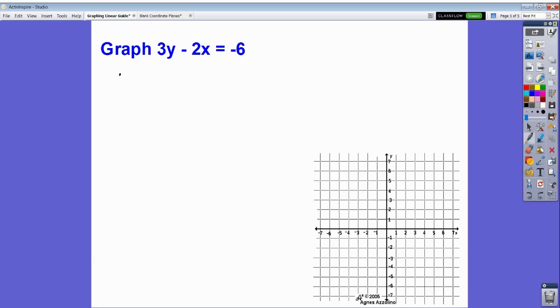So again, we're going to find the x-intercept. Remember, y is always equal to 0. I'm going to write my function. Substitute in 0. 3 times 0 is 0. So it's like it's not even there.